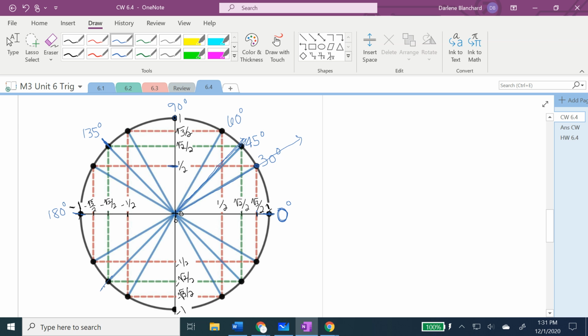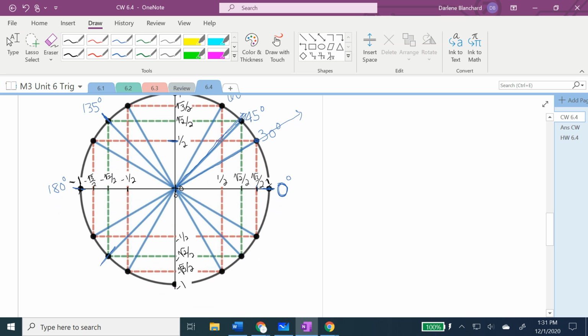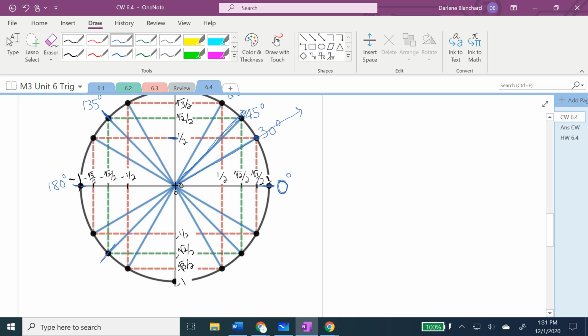Plus another 45 takes me halfway through quadrant 3. 180 plus 45 is 225 degrees. Another 45 degrees gets me to 270. Another 45 degrees takes me halfway through quadrant 4. 270 plus 45 gives me 315.